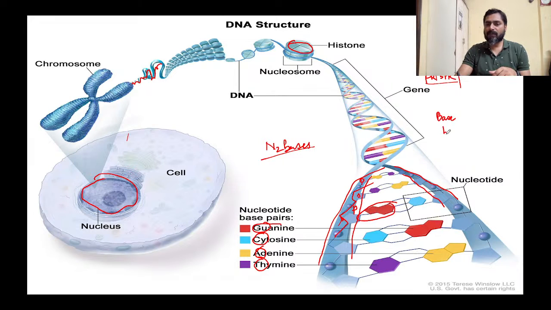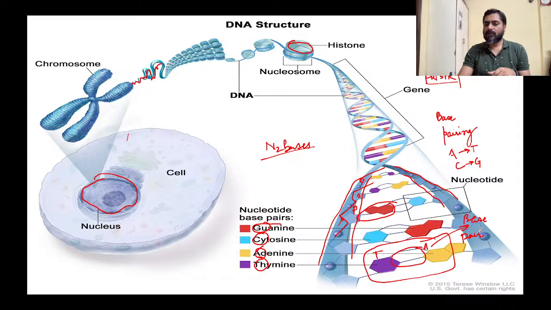In the base pairing rule, you will see that A pairs only with T and C pairs only with G. So let us say if this is T on this side, here you will see that this is A, and they are bound together by hydrogen bonds. So this one complete set is called your base pair. This is one base pair.